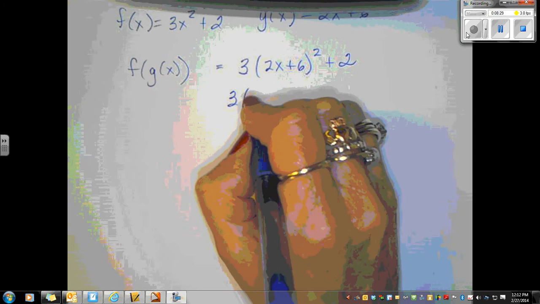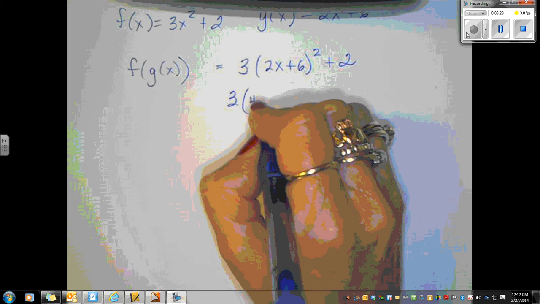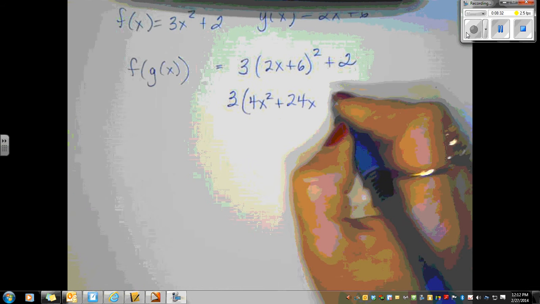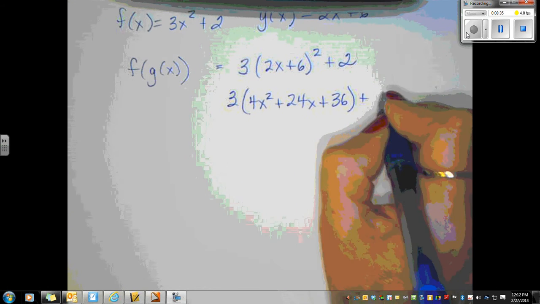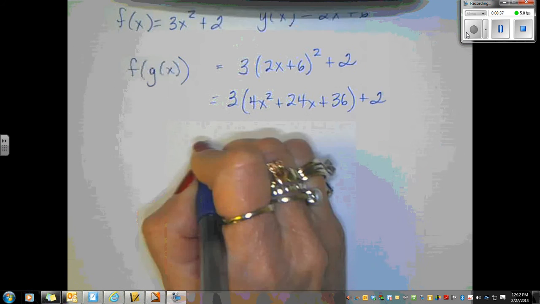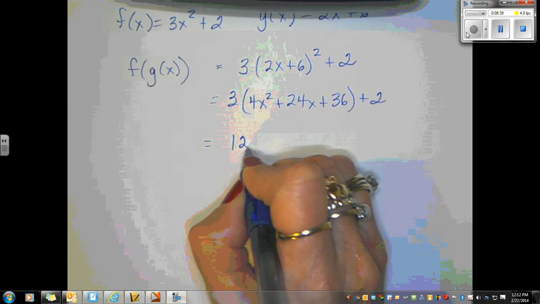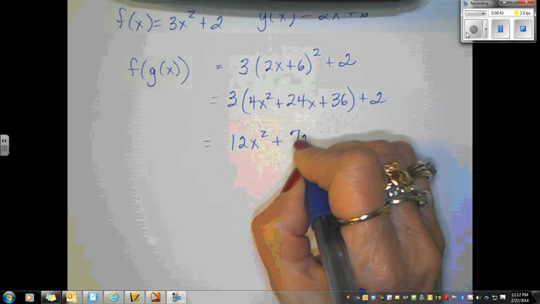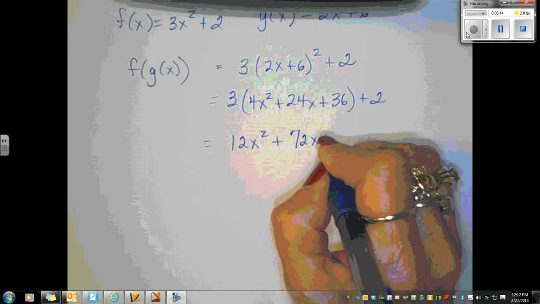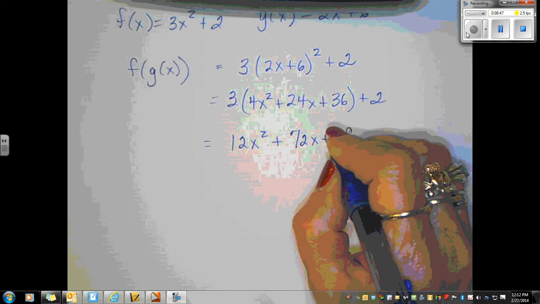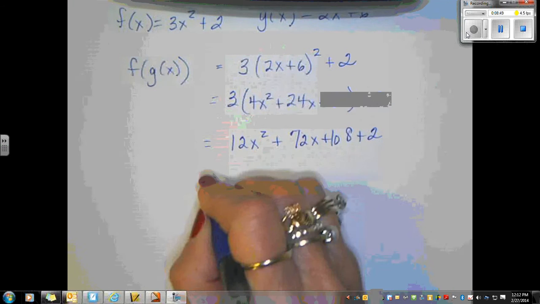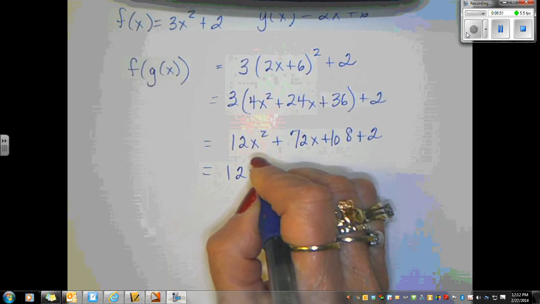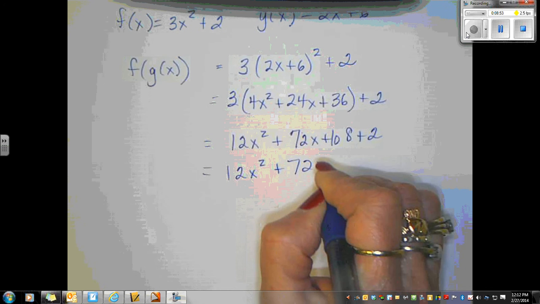So we have 3 times 4x squared plus 24x plus 36 plus 2. So we have 12x squared plus 72x plus 108 plus 2. So somebody else see if they get 12x squared plus 72x plus 110.